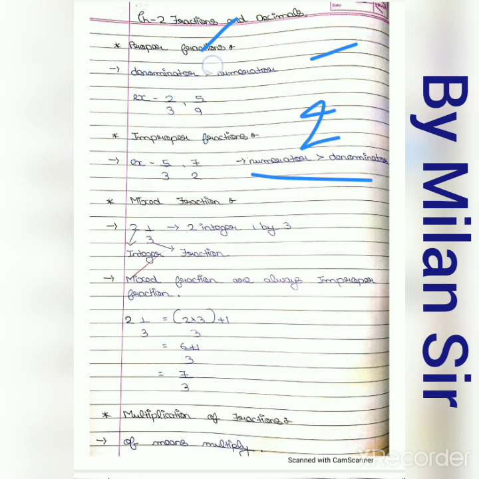Now what is the exact meaning of improper fractions? Here we consider more than one whole quantity. Right now whatever examples we take, we draw only one figure, but we can also draw more than one figure.